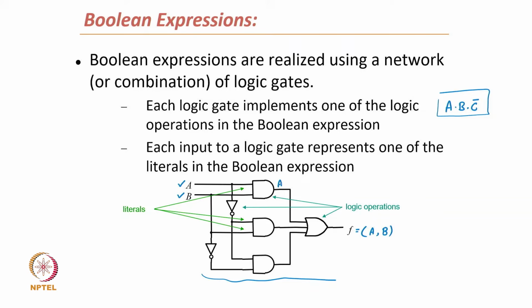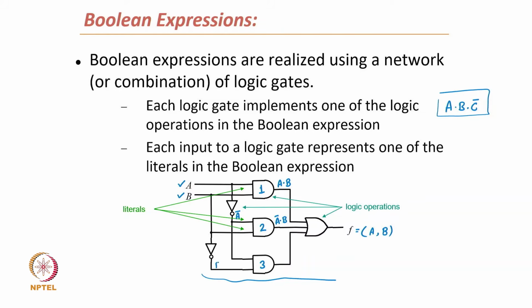It means the output here is A dot B. Here A is passing through an inverter, so this becomes A bar. Let us say this is AND gate 1, this is AND gate 2, this is A bar into B, this AND gate which is 3.